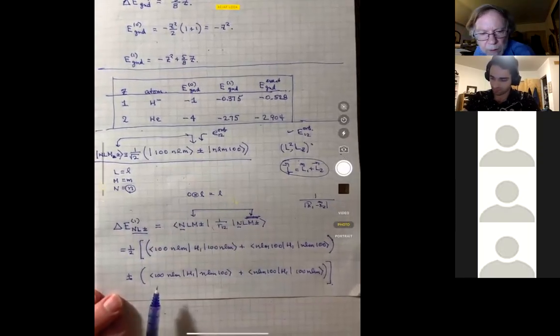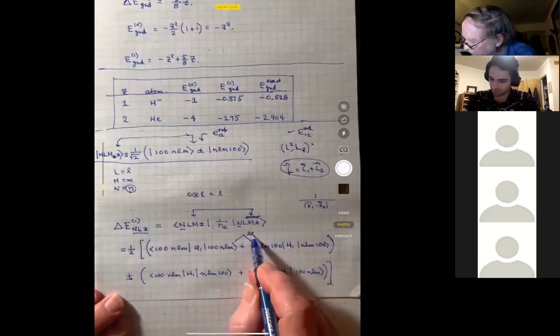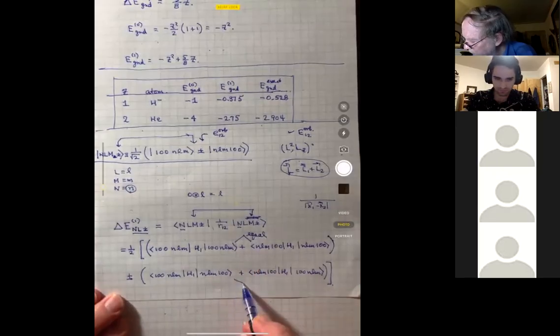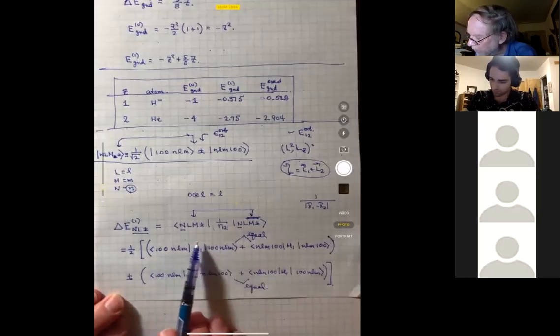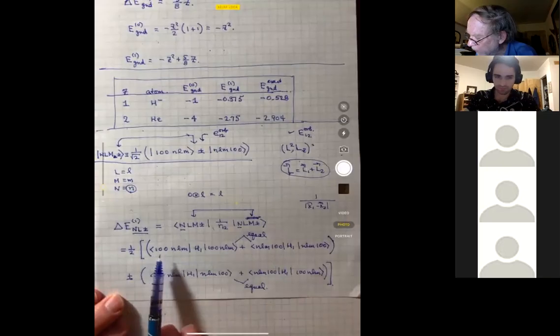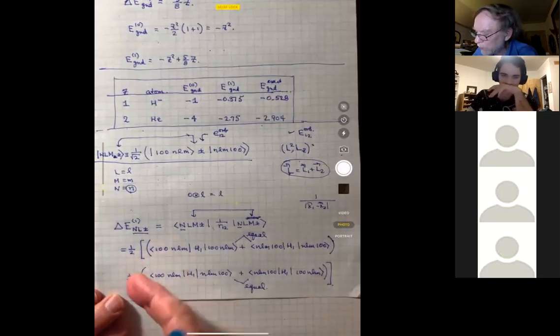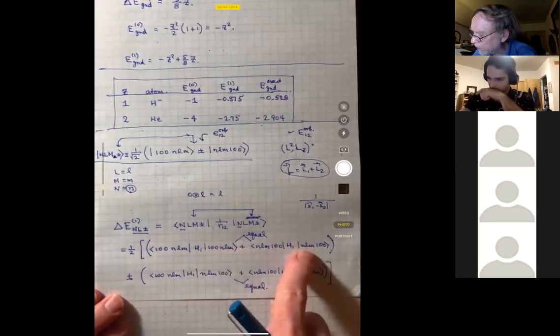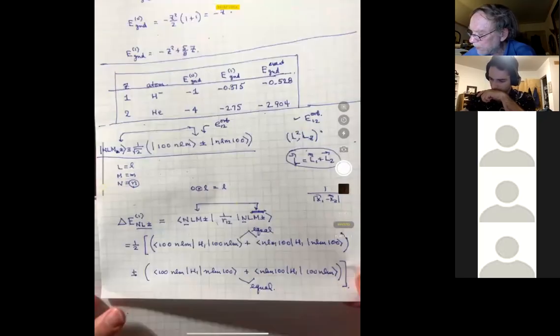Now these 2 terms here, the upper 2 terms are equal, and the lower 2 terms are equal too. If you look at it, it's not too hard to see. There's an integral for this expression here, and if you just swap the x1 and x2 variables, which are dummy variables of integration, it'll just swap the two orbitals and make these 2 things the same. And it's similar for the lower two terms.